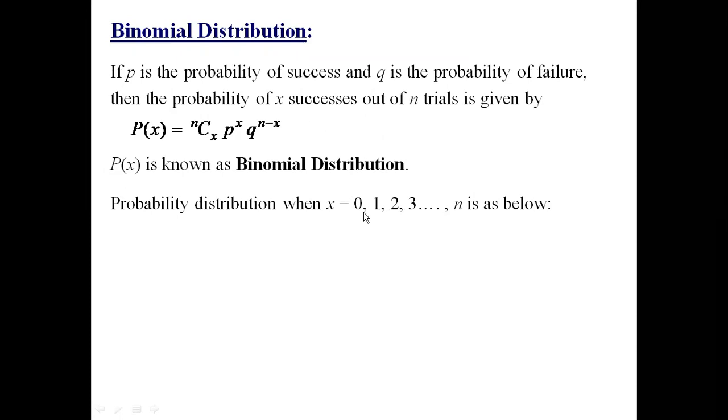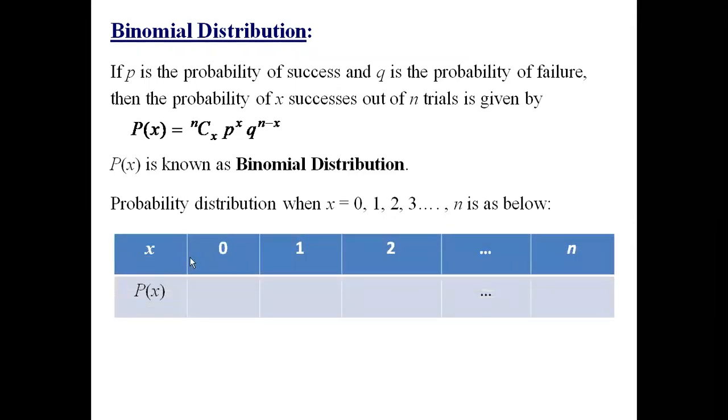Substituting x = 0, 1, 2, 3, etc., when x is 0 it is q^n. When x is 1, it is nC1 p^1 q^(n-1). When x is 2, it is nC2 p^2 q^(n-2), etc., and the last term, when x is equal to n, gives us p^n.